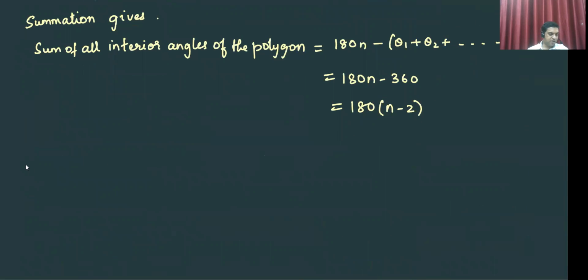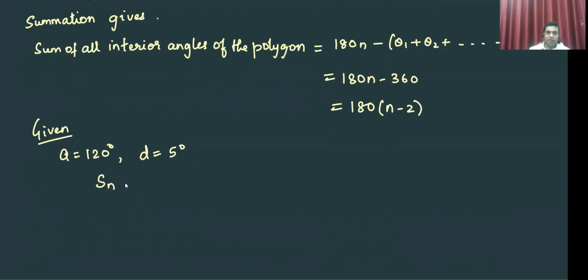So the question is, find the number of sides. The common difference is 5. The smallest angle is 120. So a is 120 degrees and d is 5 degrees.